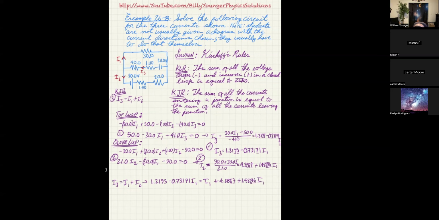So you can see we've got a lot of I1s. It looks to me like we should pull them all on the right-hand side. So what I'm going to do is I'm going to subtract 4.2857 and I'm going to add 0.73171 I1 to both sides.